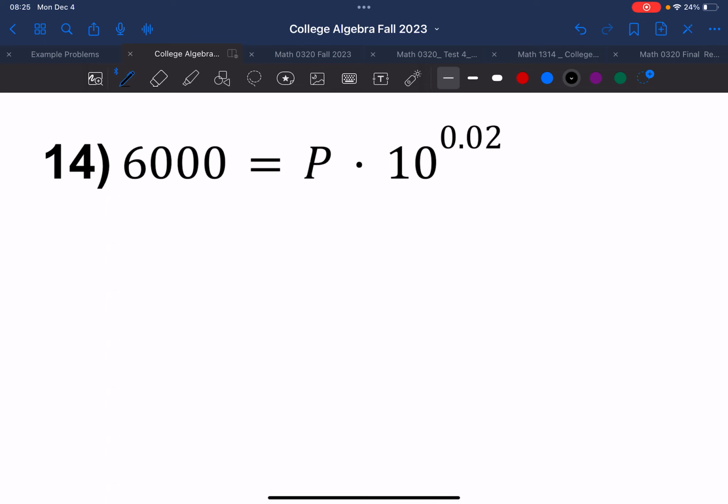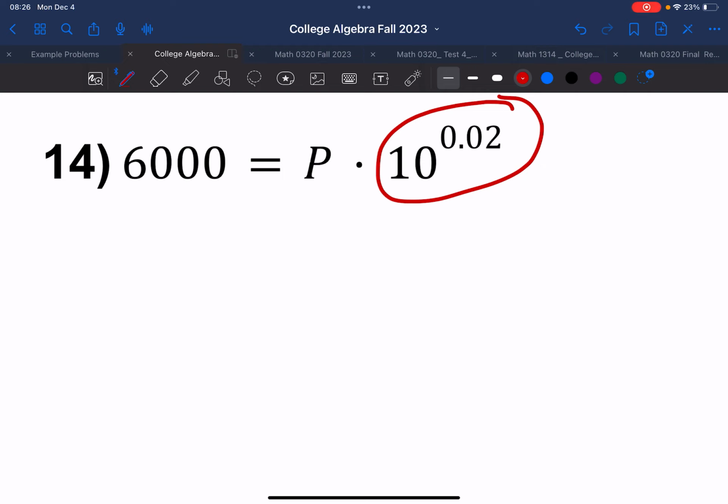Number 14. So in number 14, we have 6,000 is equal to p times 10 to the 0.02 power. Notice how this 10 to the 0.02 power is just a number. There's no variable in there that we need to bring down, so there's no need to use the inverse here because we do not have an x or a variable in the exponents.